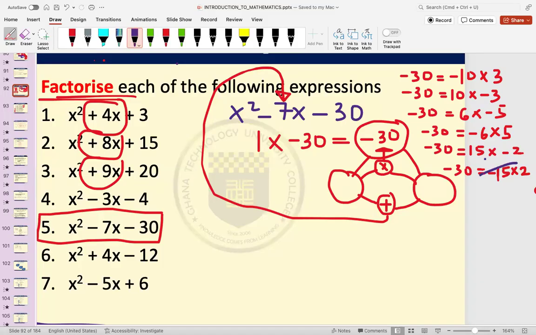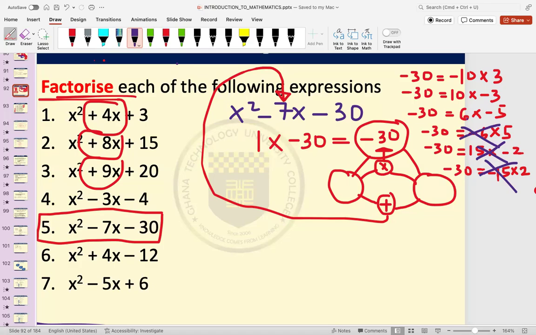So it means that this option cannot work for me. If I add 15 to negative 2, that will be 13. That is not negative 7. So this option will also not work. If I add negative 6 to 5, that will give me negative 1. But I'm looking for negative 7. This option will also not work.